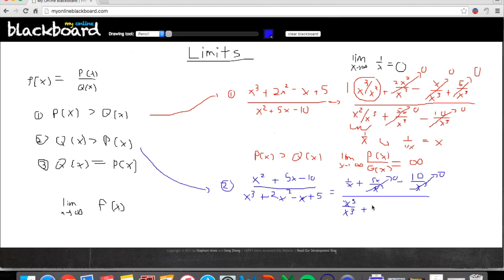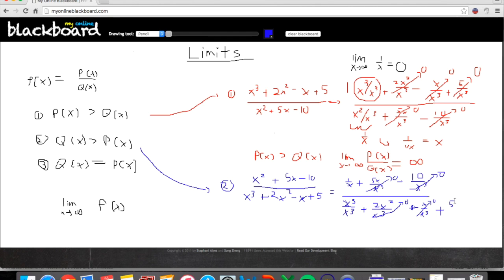So plus 2x squared over x cubed, that's going to go to 0. And then minus x, sorry, so minus x over x cubed, that's also going to go to 0. And I think you get the point from here on, simplifying every term after this to 0.